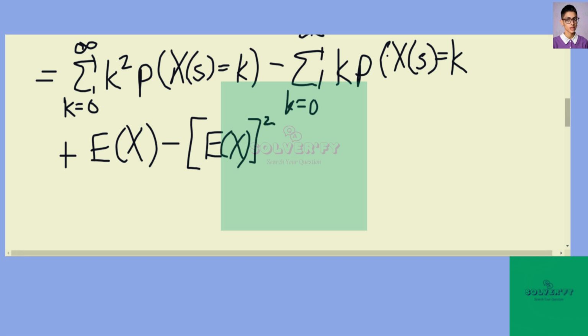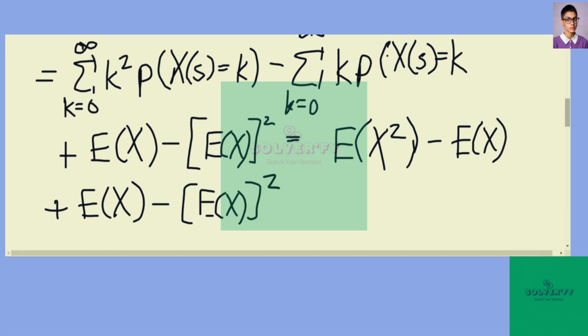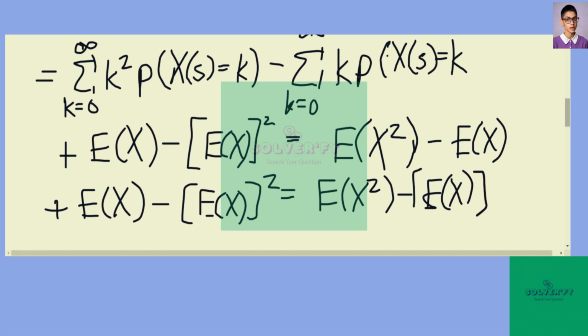We see that the first sum is the expected value of X squared. The second sum is the expected value of X. And so this all reduces to the expected value of X squared minus the expected value of X squared.